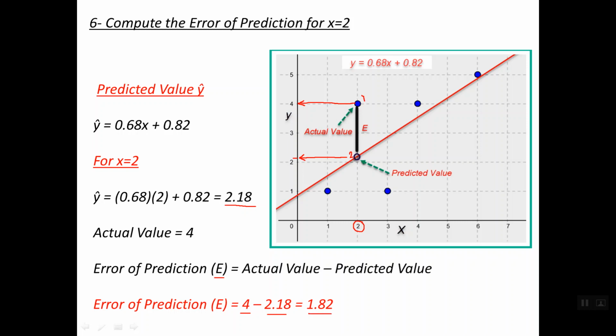So the value of the error is simply 1.82. If you are asked to square this value of error, we can simply square it in order to compute the square of the error.